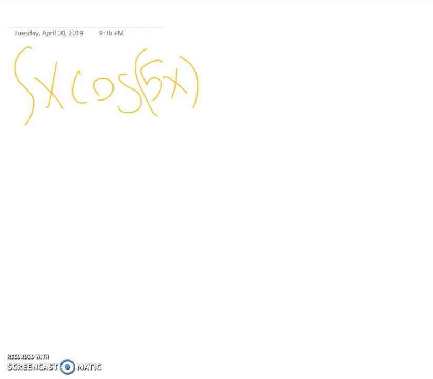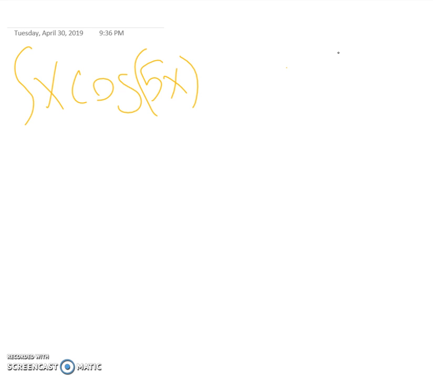And a really good way to remember which one to take the derivative of, or make your u, so that we get that simple integral, is LIATE, which is logarithmic, inverse trig, algebraic, trig, and exponential.